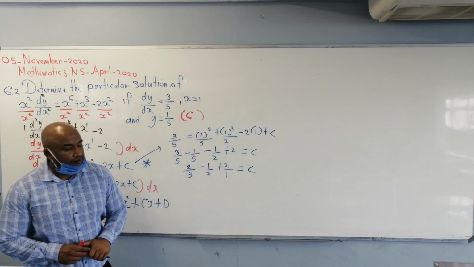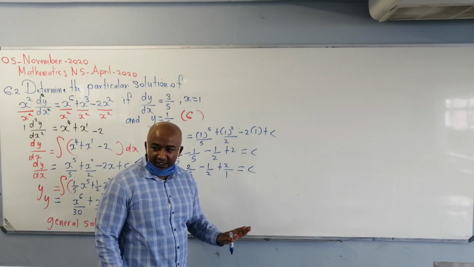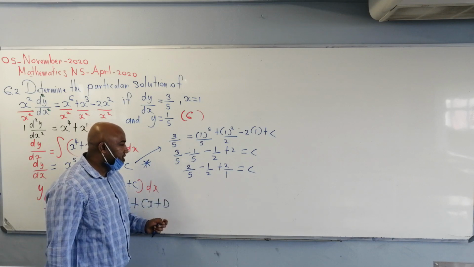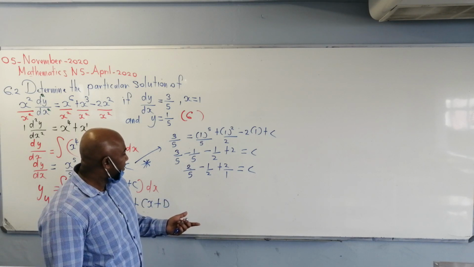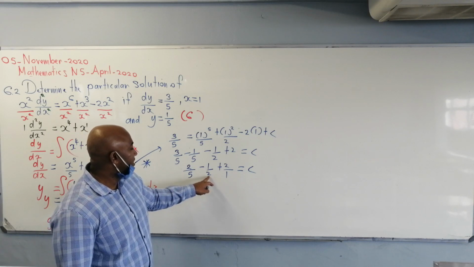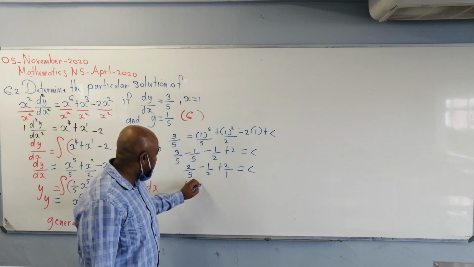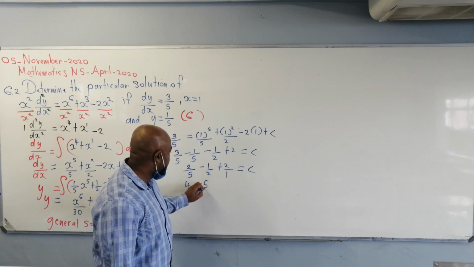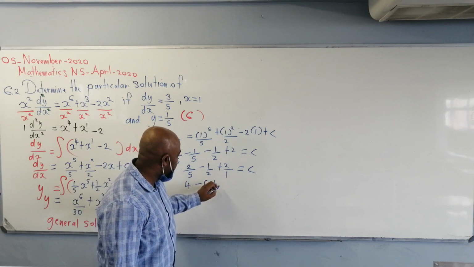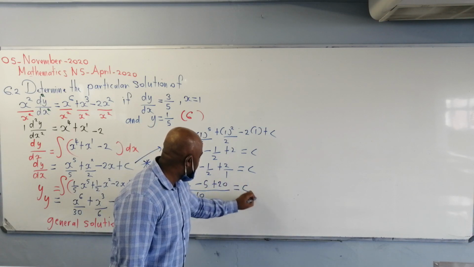Right, so you can just work this out on a calculator. Okay, you don't have to show working, but if you want to, then you can find an LCD. The LCD will be 10, so 2 times 2 will be 4, so that will become 4 minus 5 plus 20 all divided by 10 is equal to c.